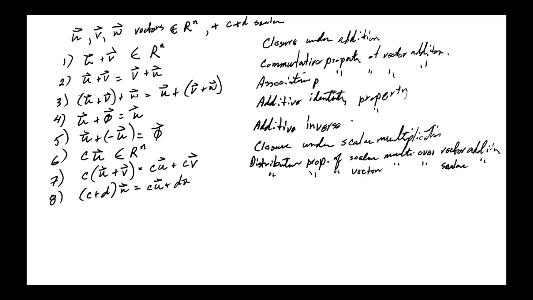Whereas before it was vector addition and scalar multiplication, here it's vector multiplication over scalar addition. Now, it's not important that you segregate those two, but there are different operations.